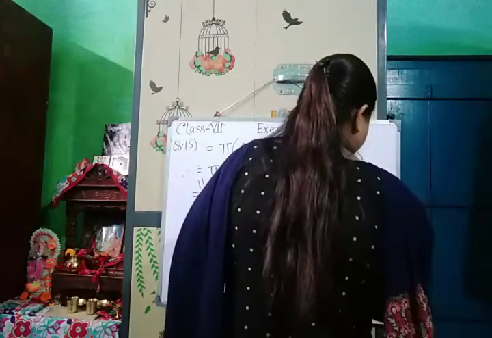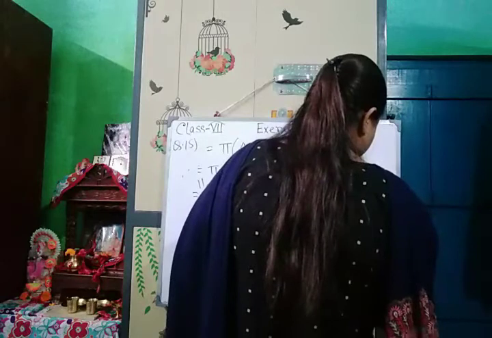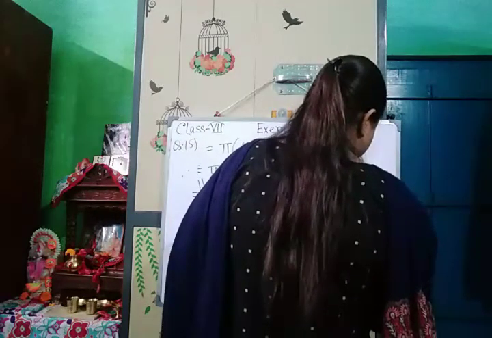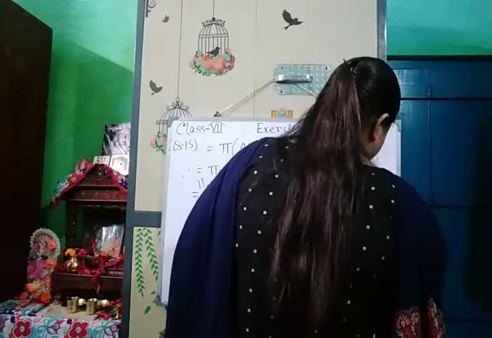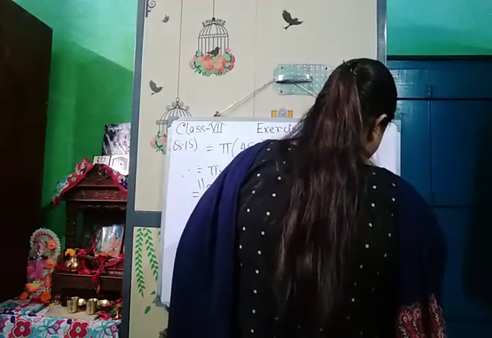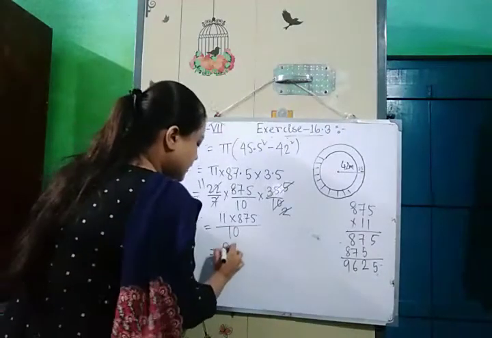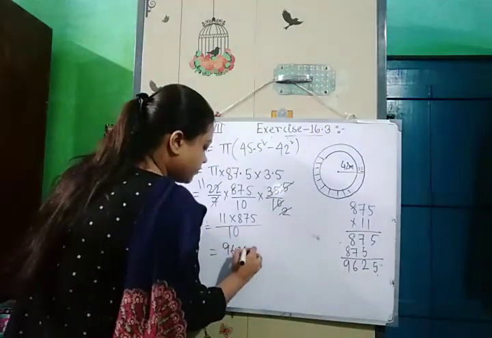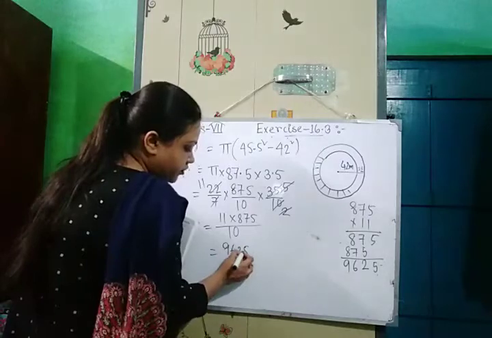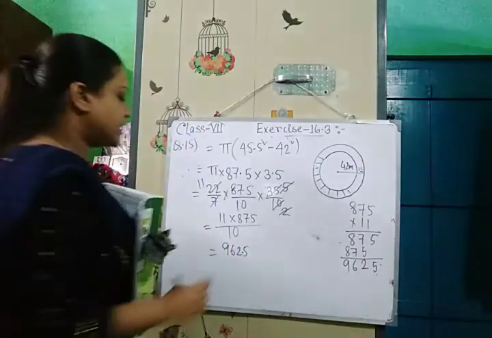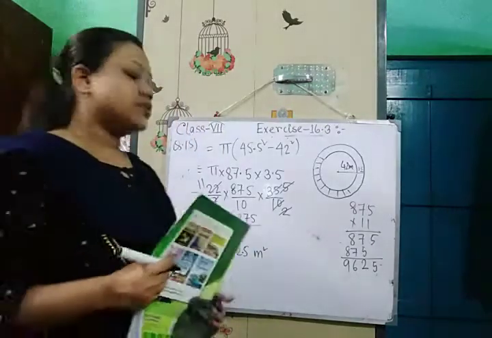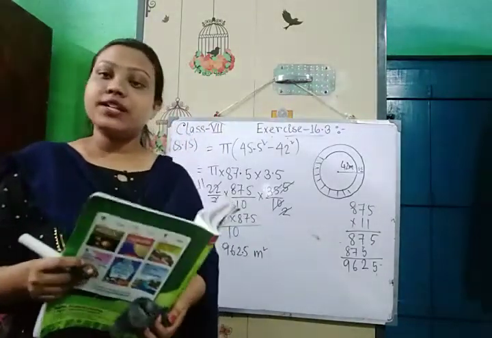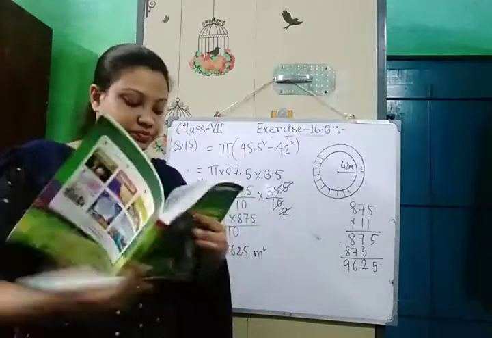So I am doing the multiplication here. So it's 9625, and the point will be here for this divided by 10. 962.5 meter square. Okay, so 962.5 meter square is the area of the road.